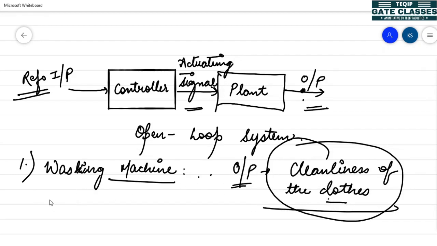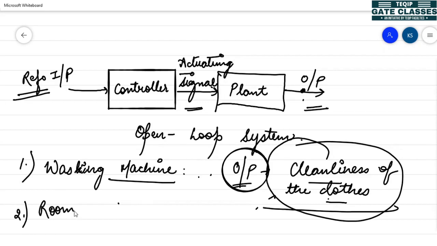So it is the example of an open loop system because we are not taking feedback from the cloth, that is whether they are properly clean or not, and we are not giving any input based on this output. So this is an example of an open loop system.